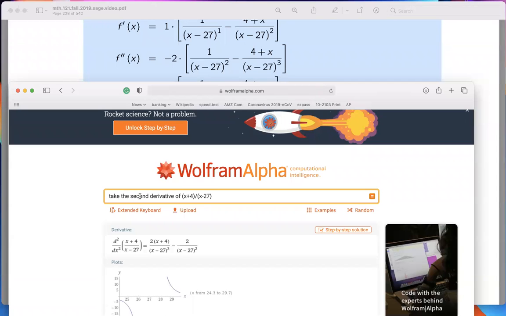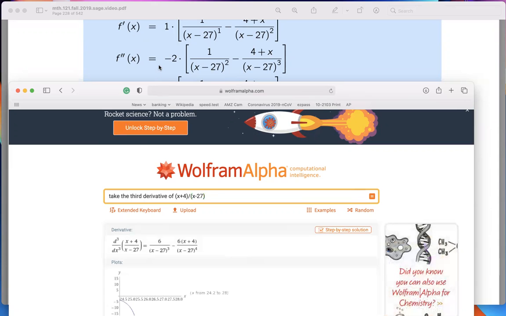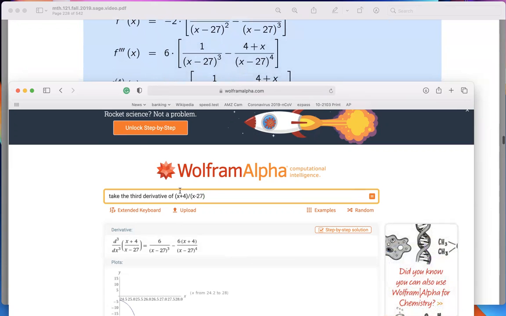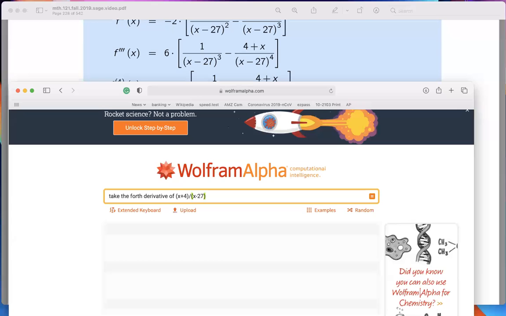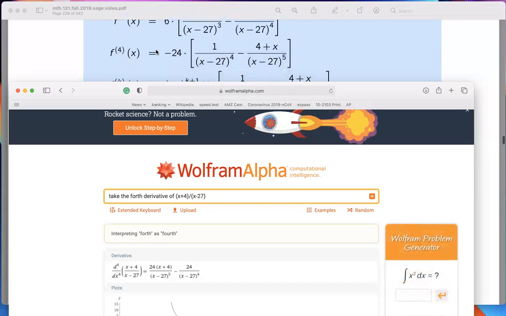Now let's say take the third derivative. And you notice I got to play around with this. I don't know if it's going to be able to understand what I just wrote down. It did. And it's agreeing with it. Let's say I want the fourth derivative. It did it.